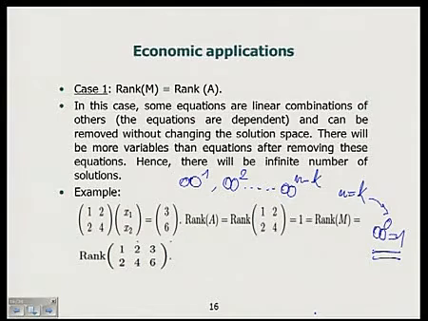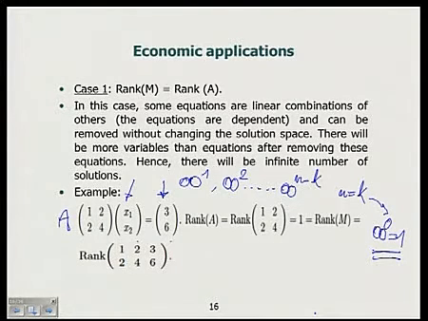Then we have this situation. This is a very easy example. 1, 2, 2, 4 is our matrix A, and these are our variables. These are our parameters. Then the rank of A is equal to the rank of the matrix 1, 2, 2, 4, and this rank is equal to 1. Why?